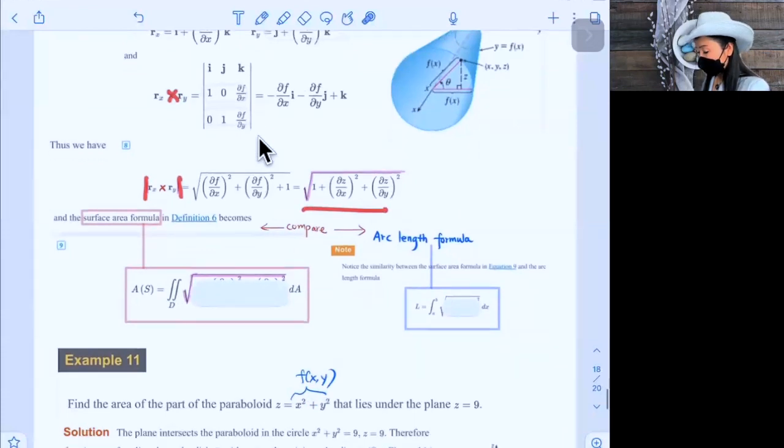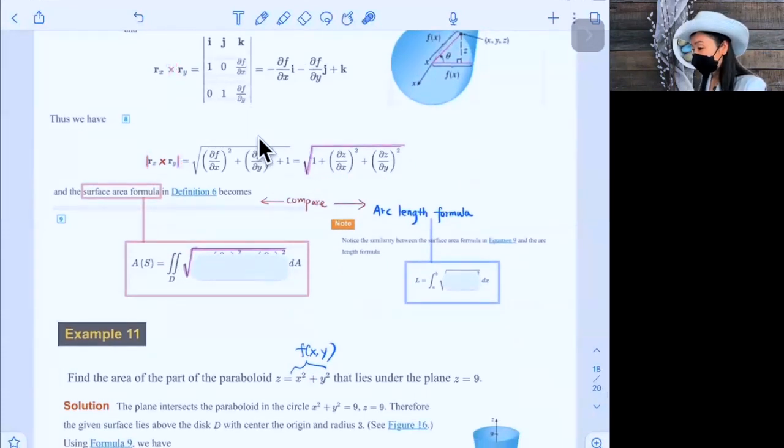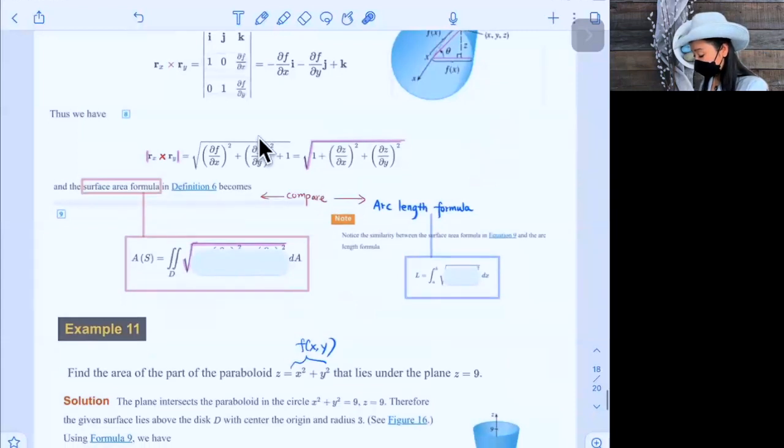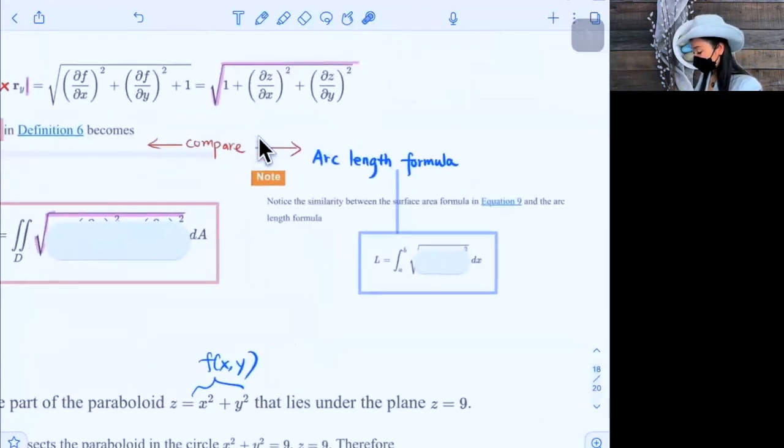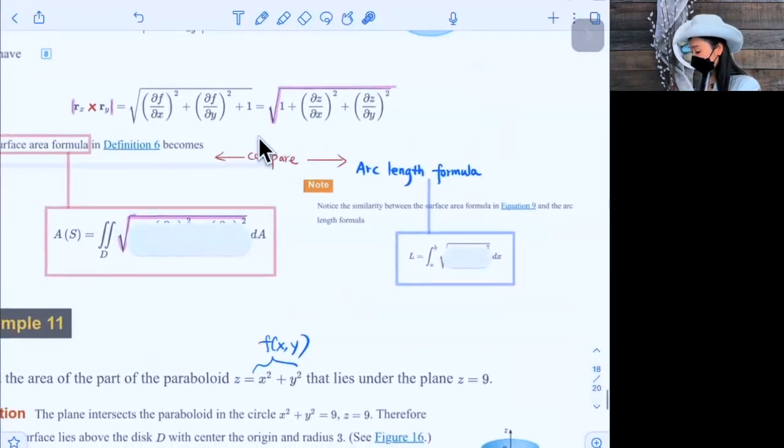Then you come up with this surface area formula. But let's go back to the arc length formula and try to compare this. Do you guys remember the arc length formula when you have an arc like this, from a to b? What is the arc length?